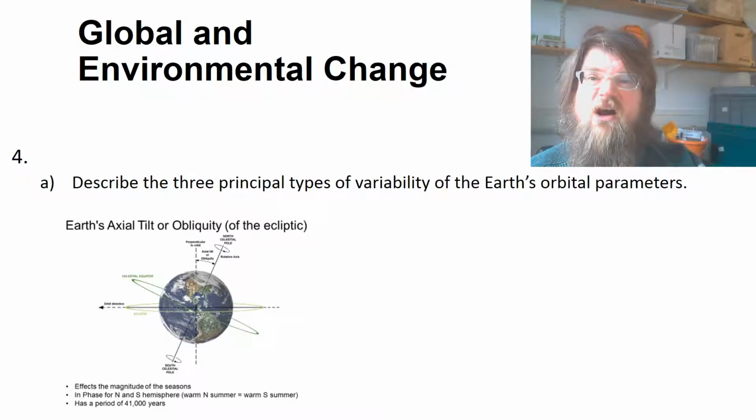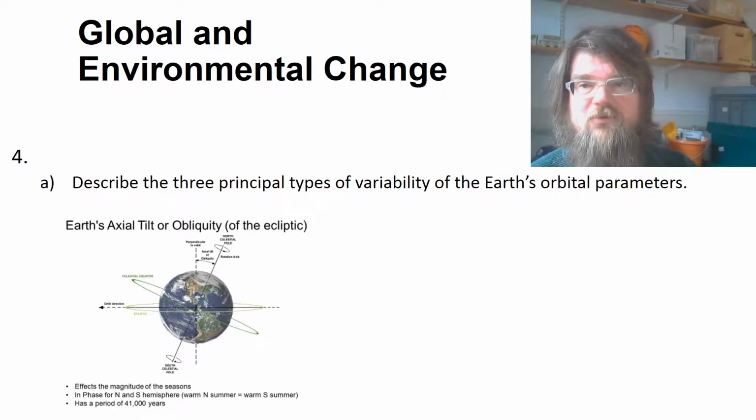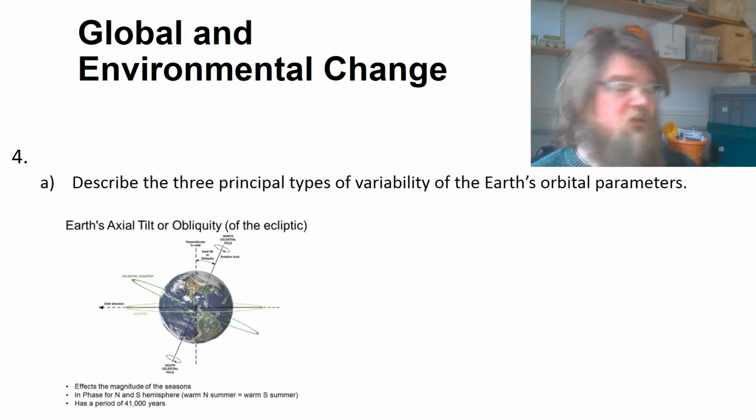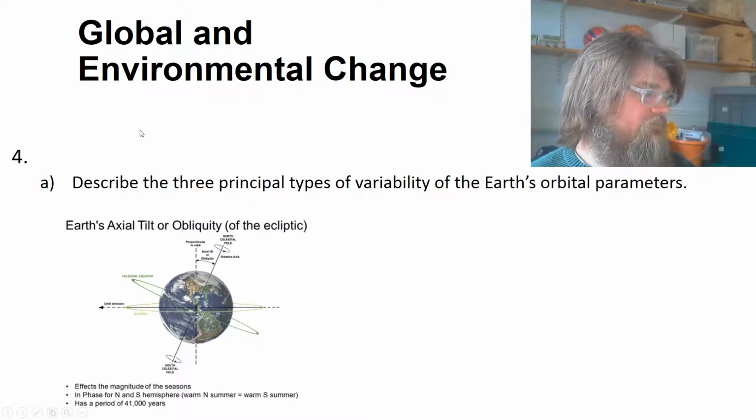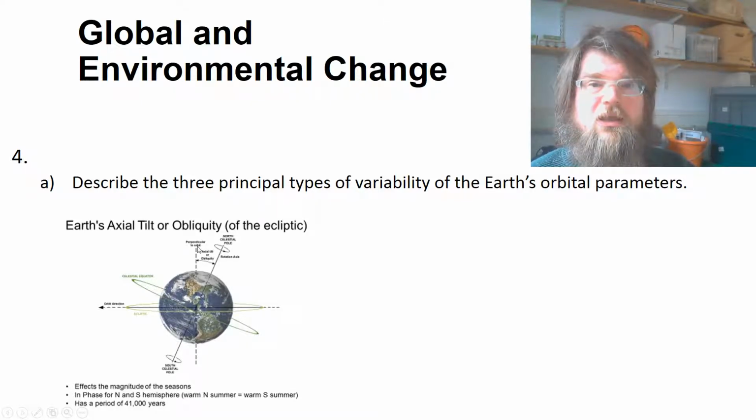So just going through part A, the kind of things we're looking for. Basically describing each of these types of variation, what are they? So explaining that tilt is the Earth's axis of rotation being tilted over from perpendicular with the plane of the orbit around the Sun.